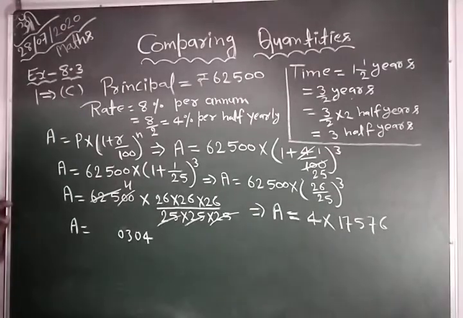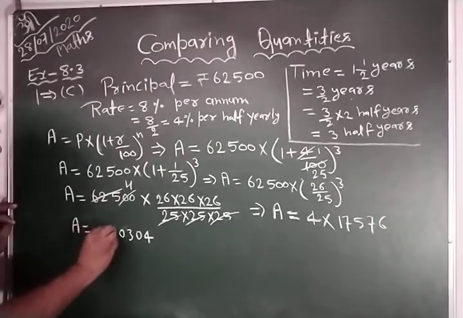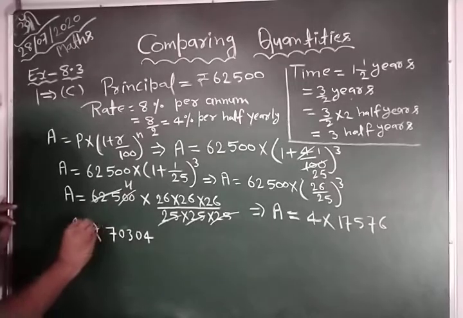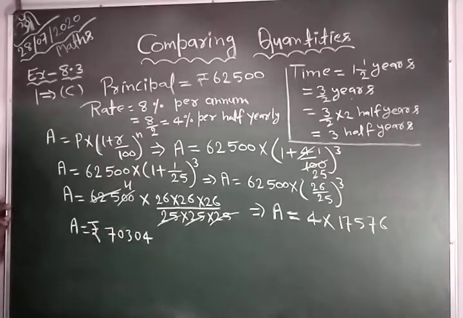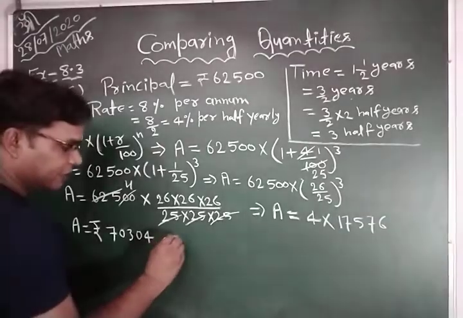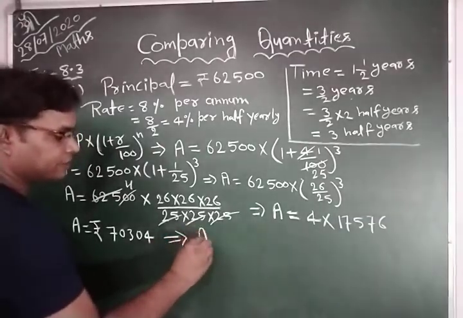So in this way we find amount is equal to rupees 70,304. Okay, this is the amount.